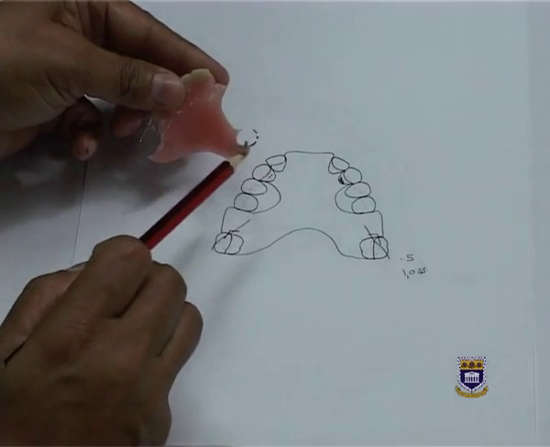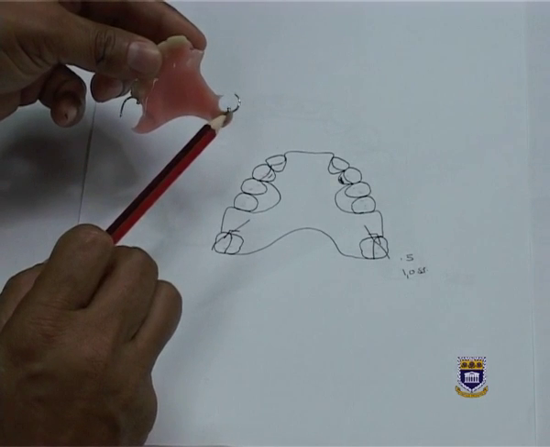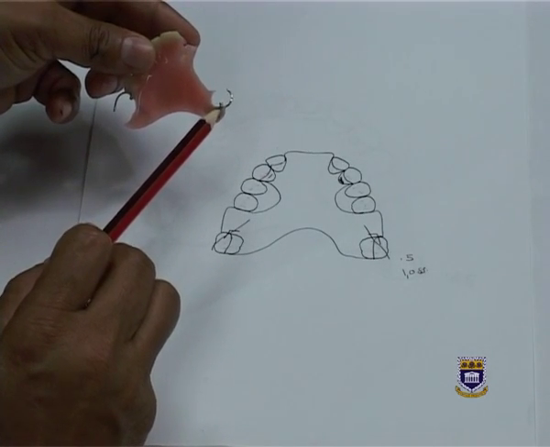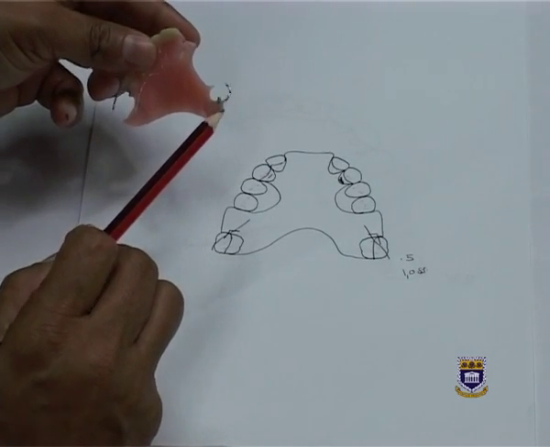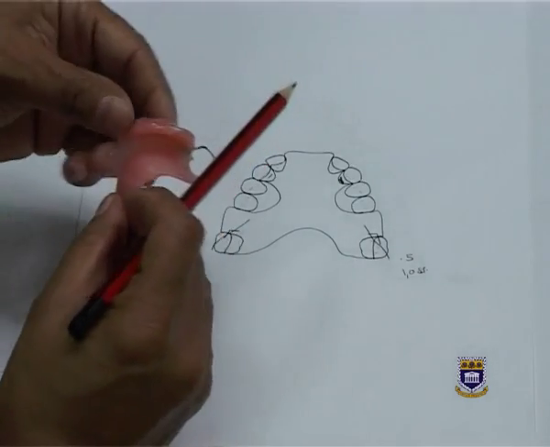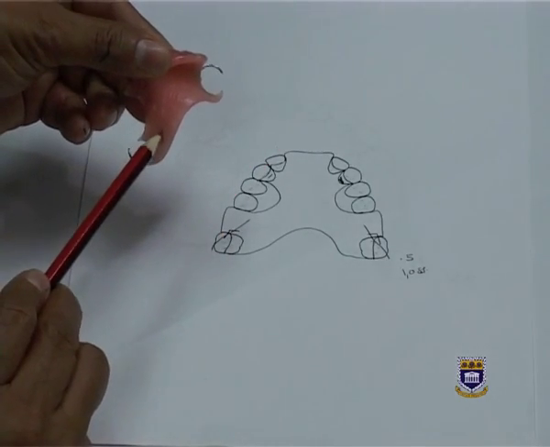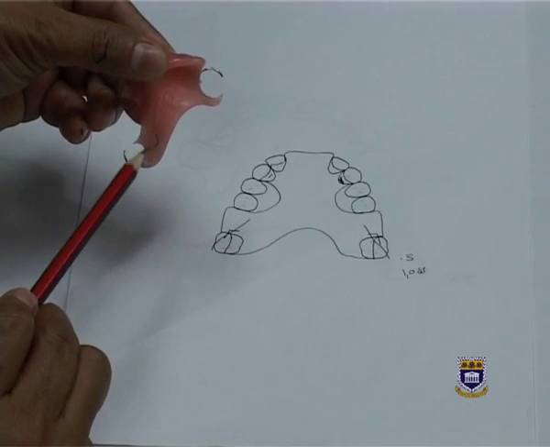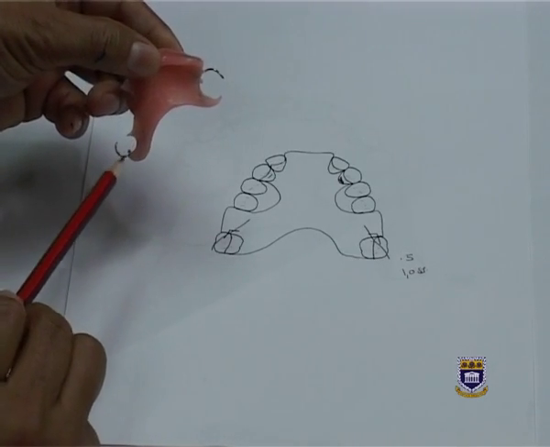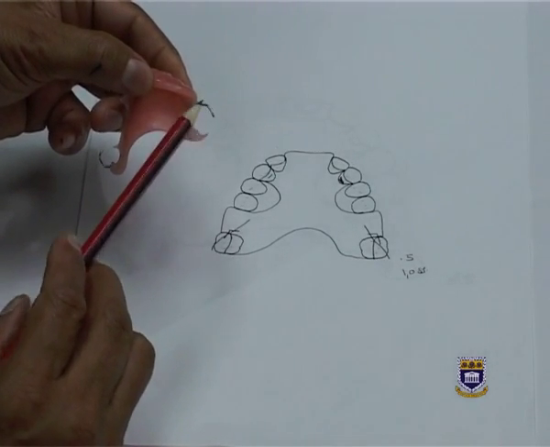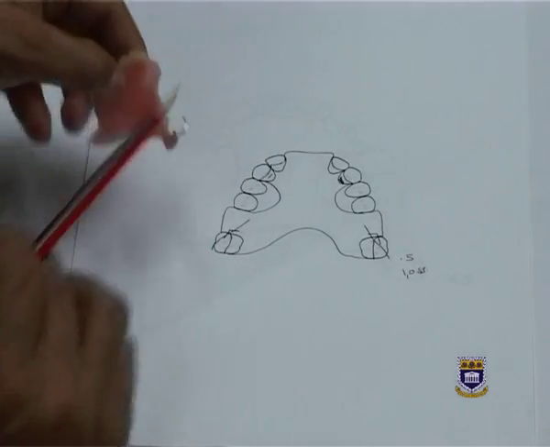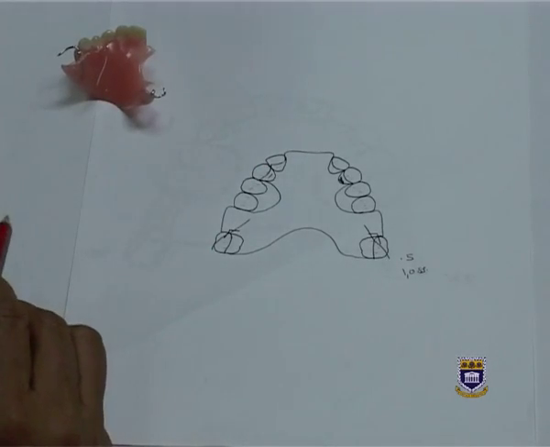In the second quadrant in this denture, I have a distal occlusal rest again, and the same with a C-clasp. And this is one of the weak areas of the acrylic because it is a mechanical joint. So the acrylic, if the technician and the dentist are not careful, can actually fracture.